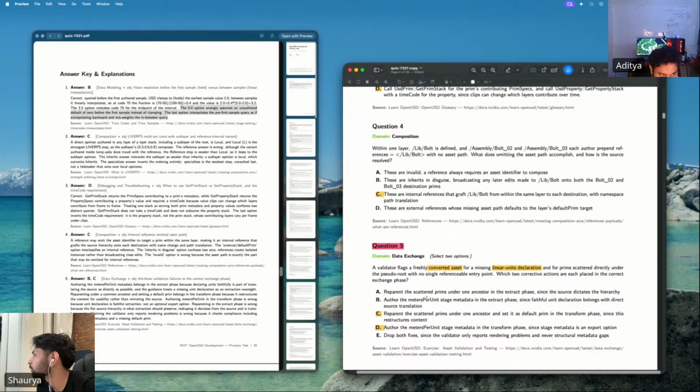Author the meters per unit stage metadata in the extract phase, since faithful unit declaration belongs with direct source translation. Okay, I see.